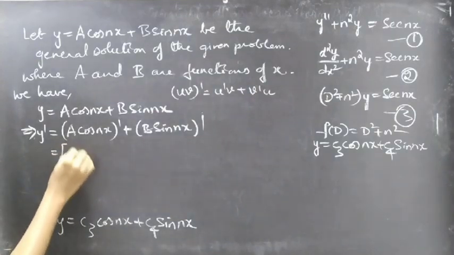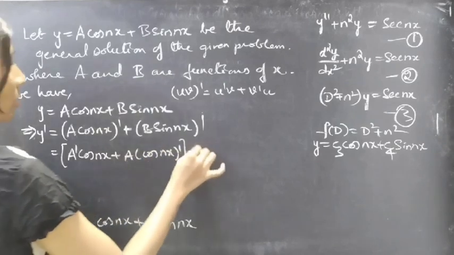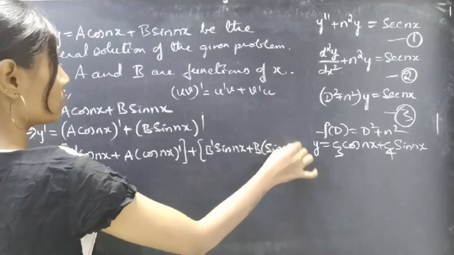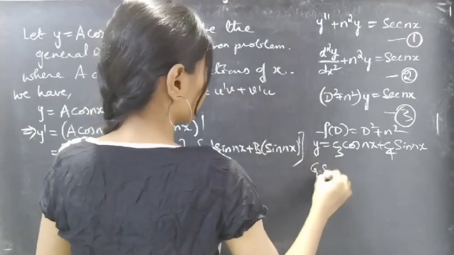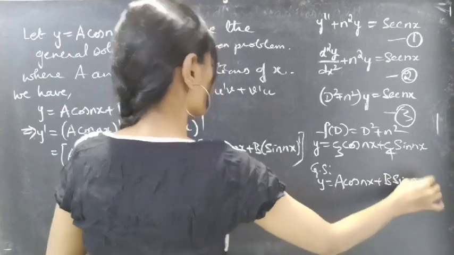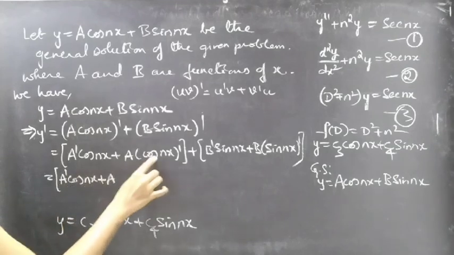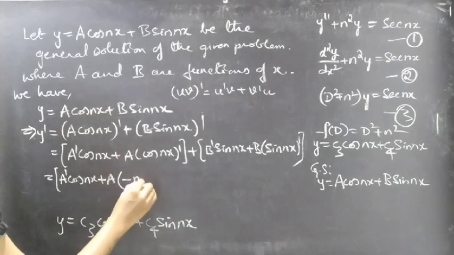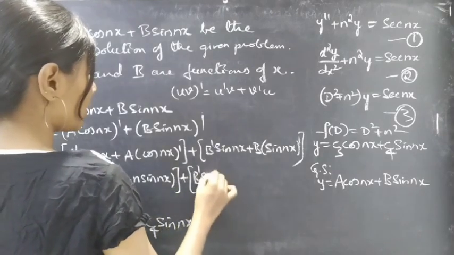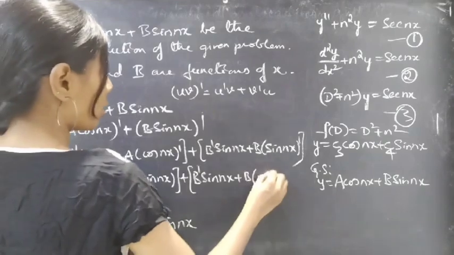This gives us a dash cos nx plus a into cos nx dash plus b dash sin nx plus b into sin nx dash, which gives us a dash cos nx plus a into the derivative of cos nx with respect to x, which is minus n sin nx, plus b dash sin nx plus b into the derivative of sin nx with respect to x, which is n cos nx.